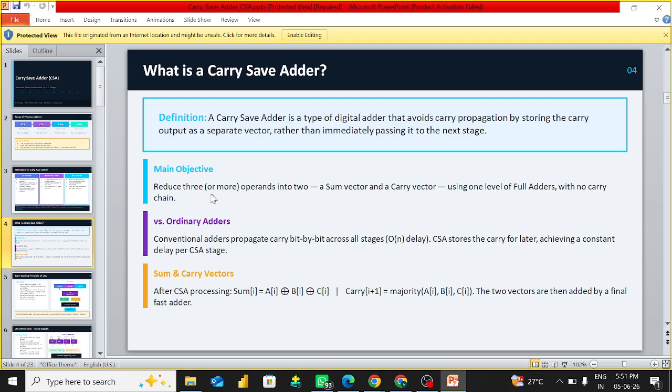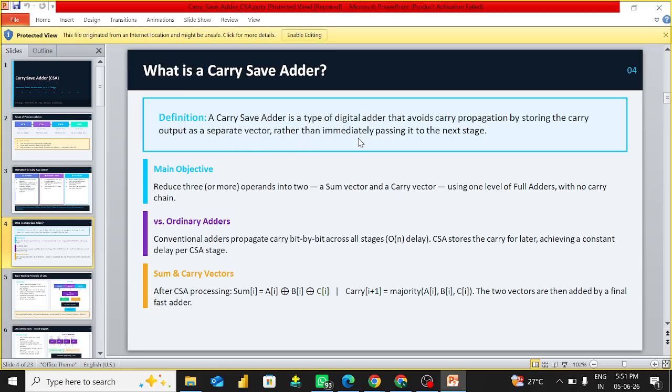I need to know one thing. Using CSA, do we find the final answer? If your answer is yes, then it is wrong. Using a carry save adder, we cannot find the final answer.